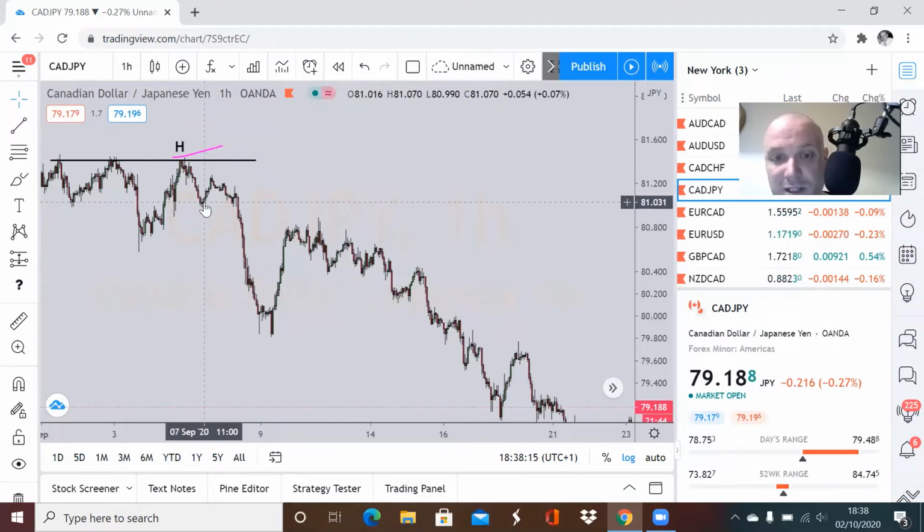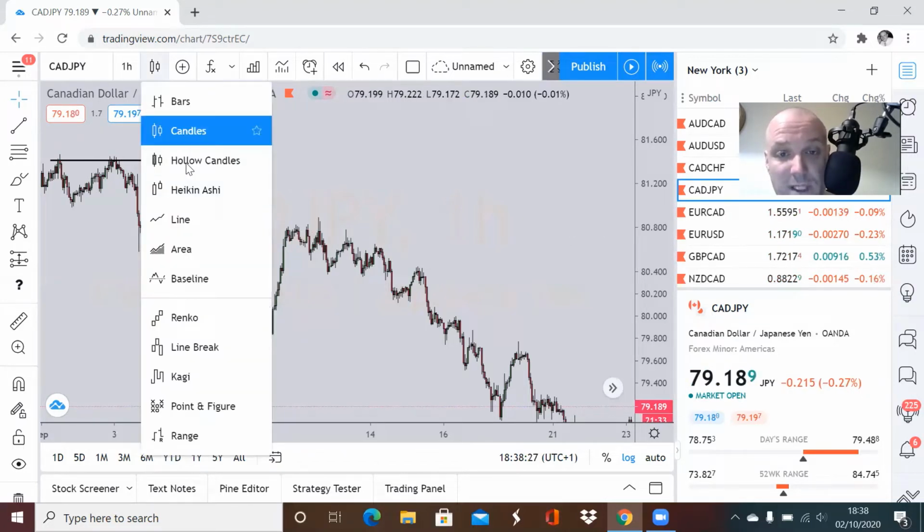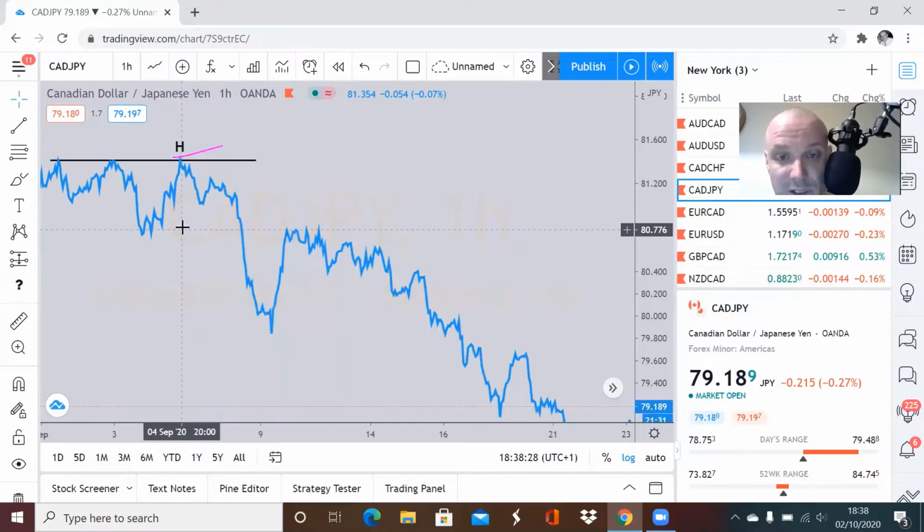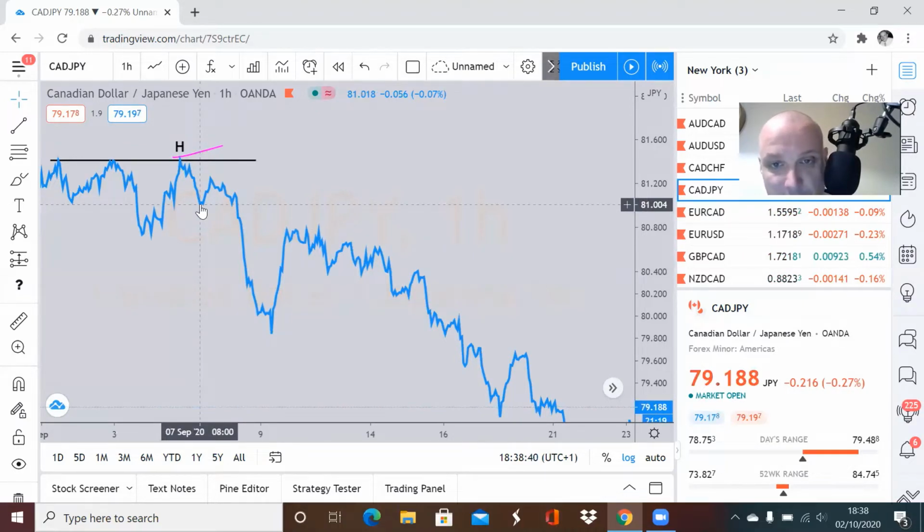Does it look like it to you? Even from me looking at it, I would say it does. But when you switch over to a line chart, it cuts out the noise of the wicks. You can see it actually doesn't, because we've got a sharp spike here. When you see the crosshair, you'll see there's a little bit of a blue spike underneath.